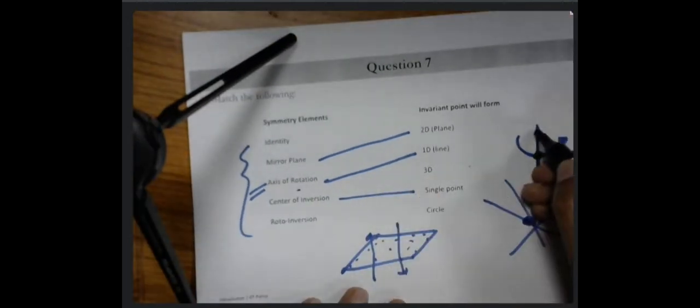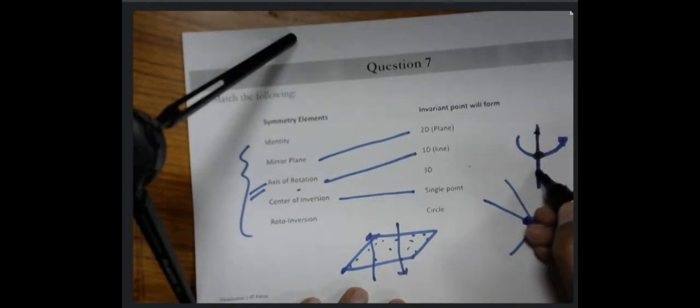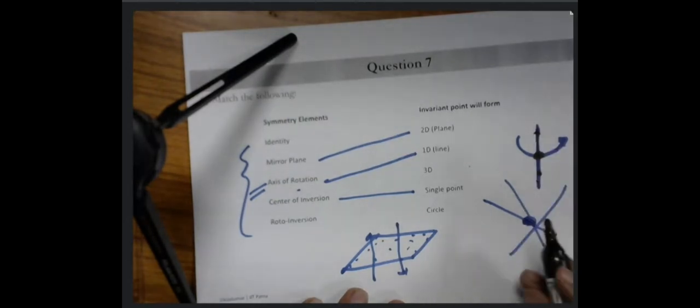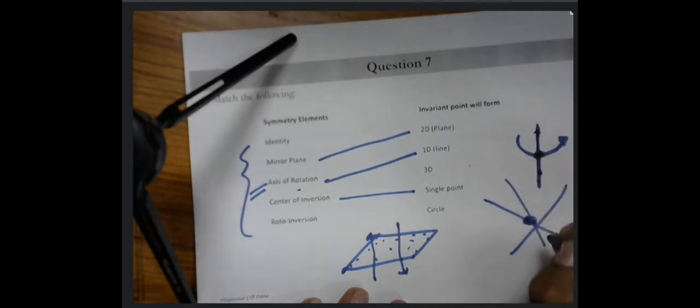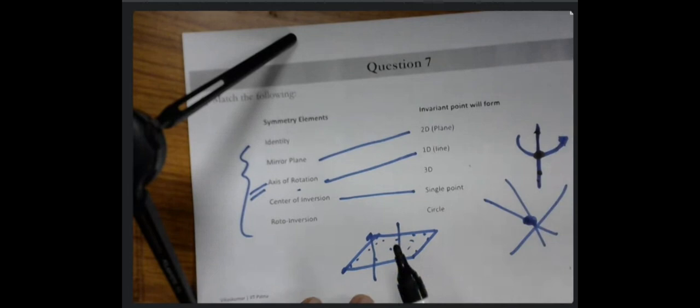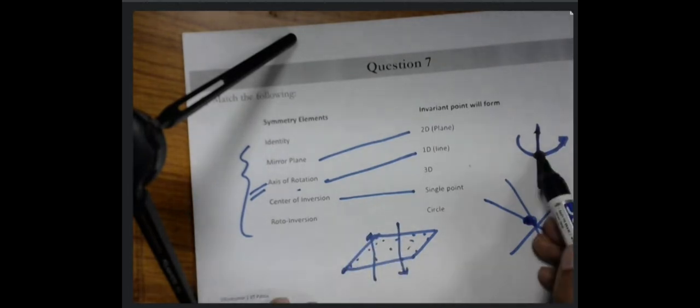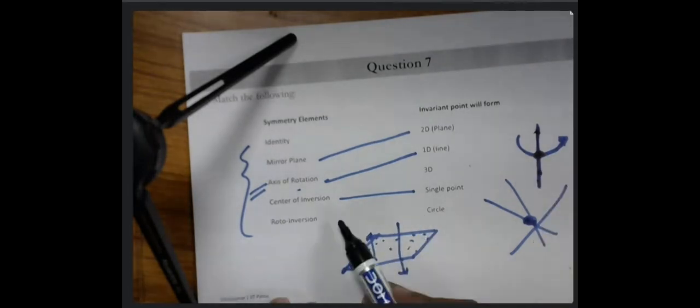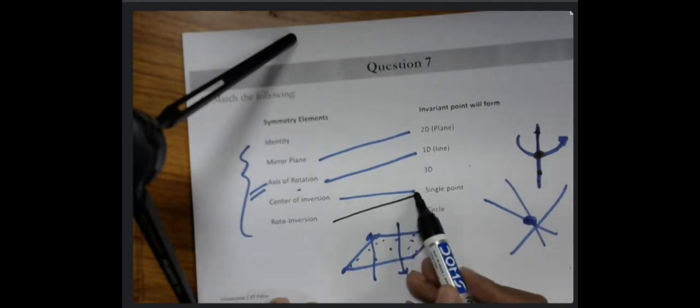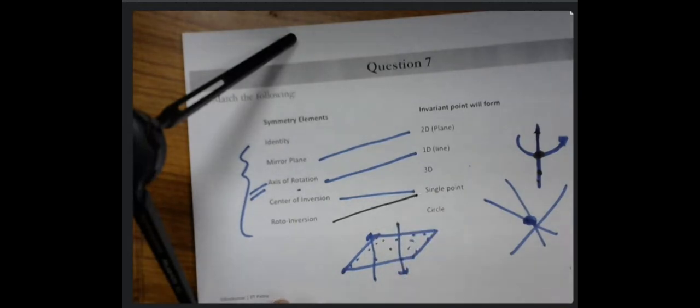All the points above go to the bottom and all the points at the bottom go to the top. So except this particular point, everything gets changed. Since we have added the inversion, only one point is invariant right now. So it again connects with a single point.